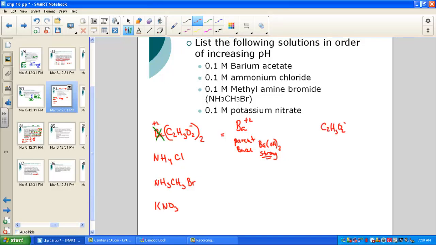C2H3O2 negative has a parent acid, HC2H3O2. This indeed is weak. So we know that weak acids do affect the pH. So this one is a yes. It will affect the pH. How so?